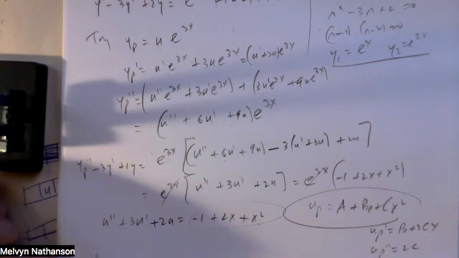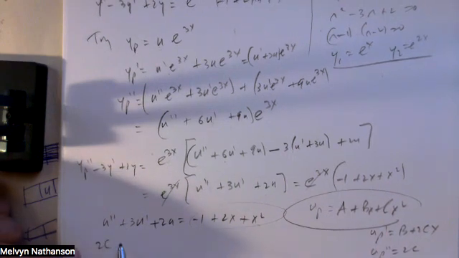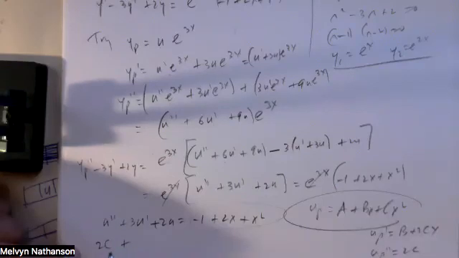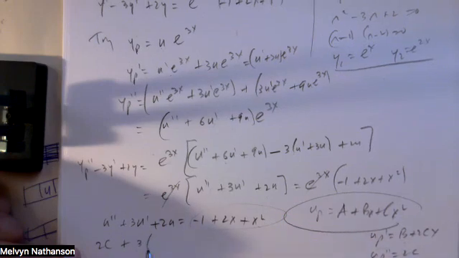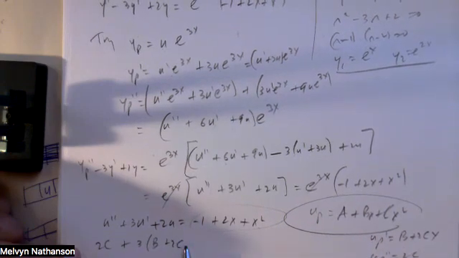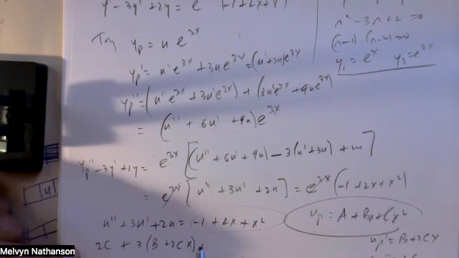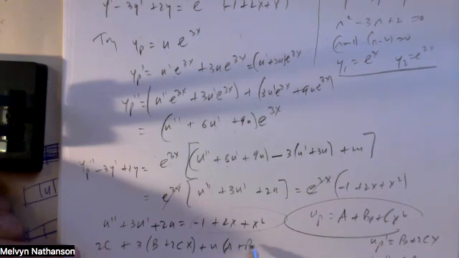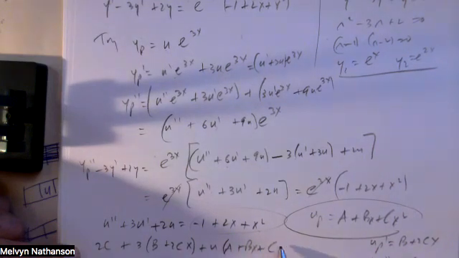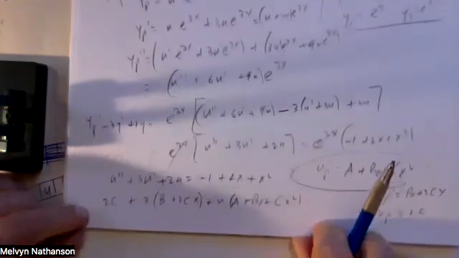So if I plug into this, I get 2c plus 3u prime, 3 times b plus 2cx, plus 2 times u, a plus bx plus cx squared.